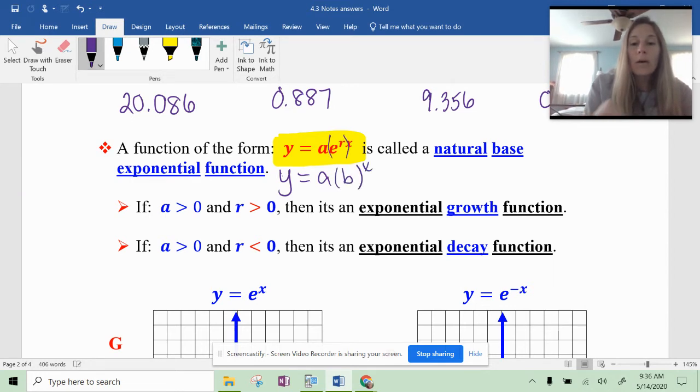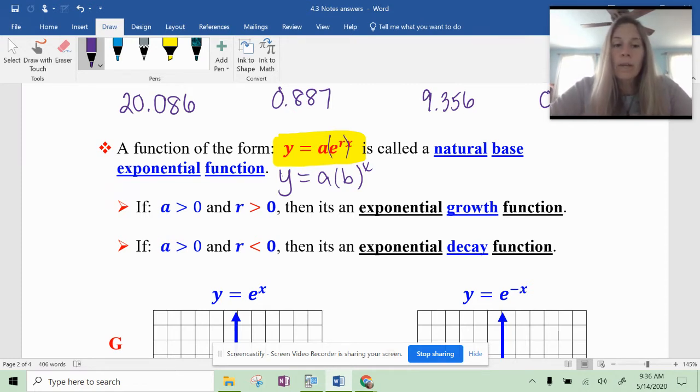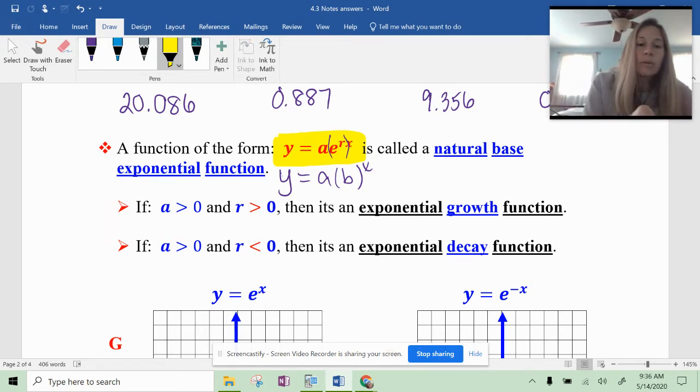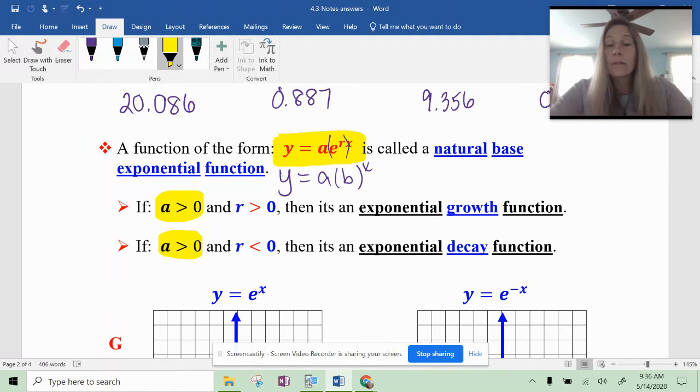So the b value here is e to the r, and that's called a natural base exponential function. Again, just like with growth and decay, the a value has to be greater than 0 in reality. Theoretically, sometimes there's a negative, but realistically, that would be a positive.